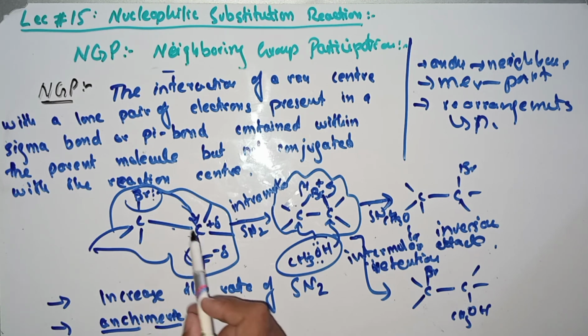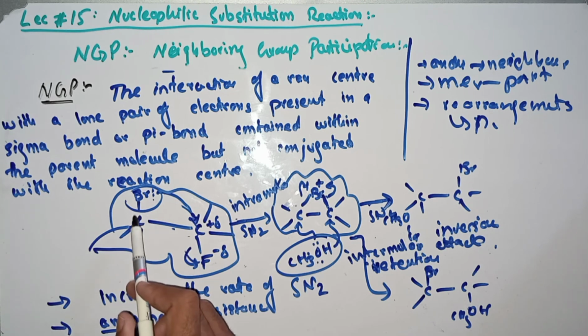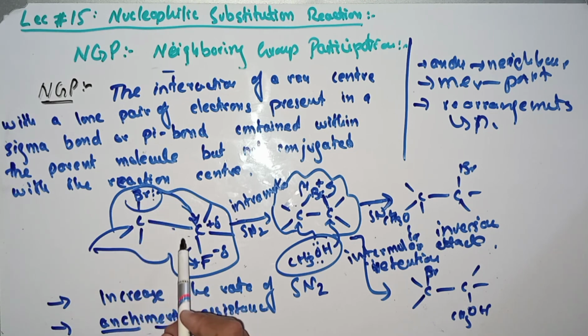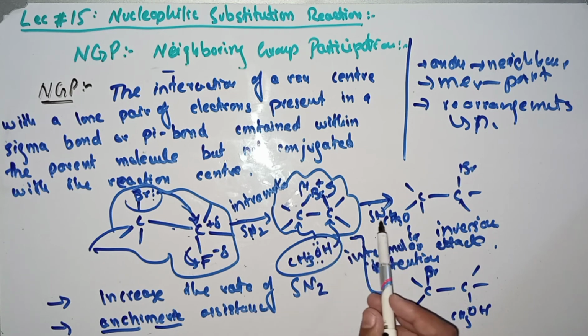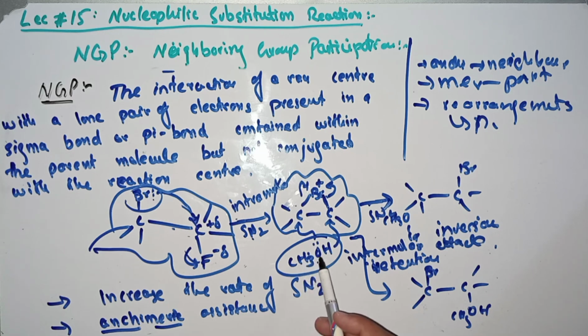When it attacks this electrophilic carbon, the leaving group leaves. As the nucleophile attacks the electrophilic carbon and the leaving group leaves at the same time, it is called an SN2 reaction. So the first step is an SN2 step, while the second step is also an SN2 step, because at the same time one bond is broken and one bond is formed. The bond that is formed is due to the attack of the external nucleophile.